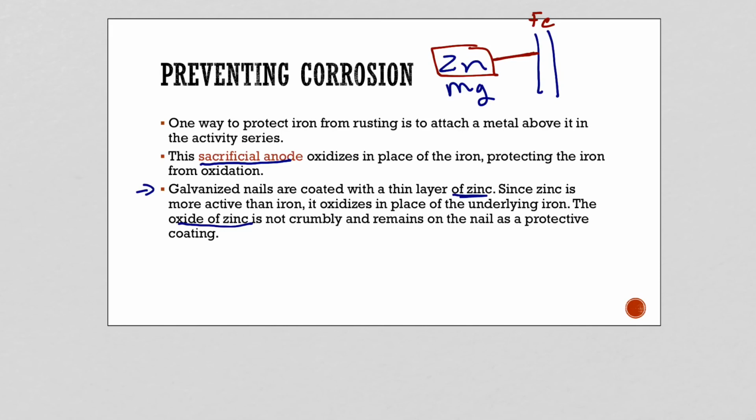And so these are some ways that we can prevent corrosion, specifically the corrosion of iron or the rusting, through surface protection or through the use of a sacrificial electrode.